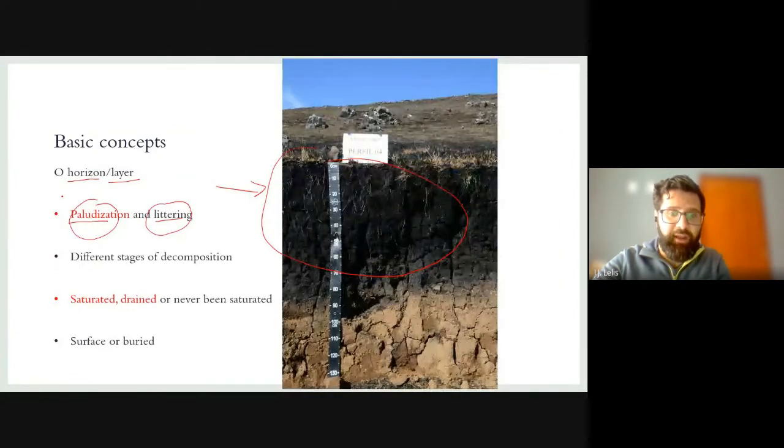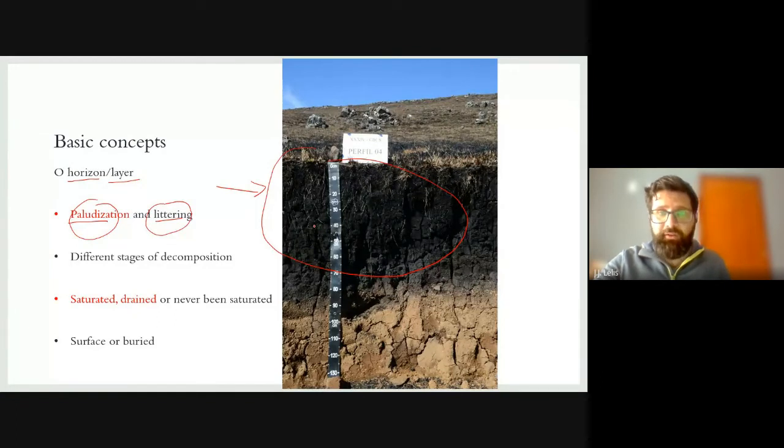According to the WRB, the O horizon is just produced by littering in moist and cold areas.